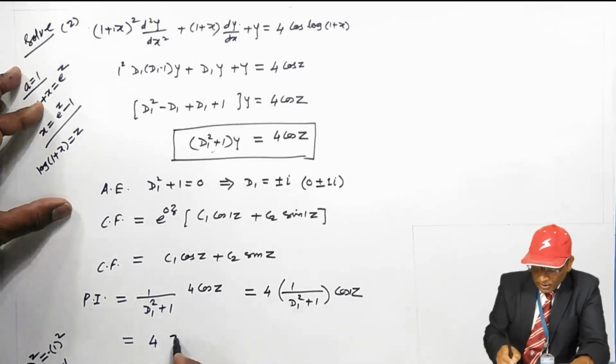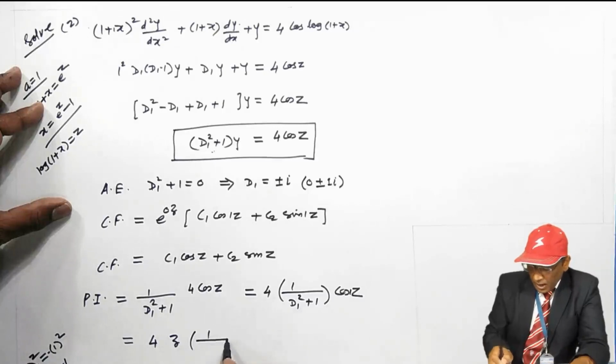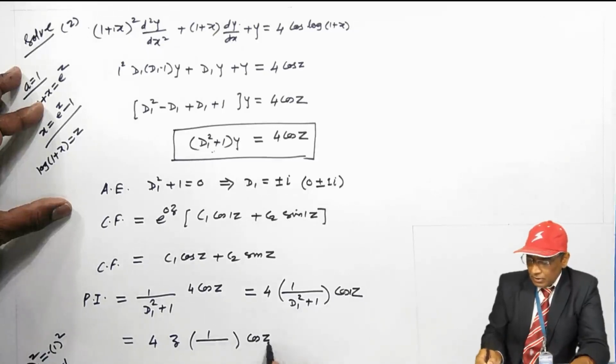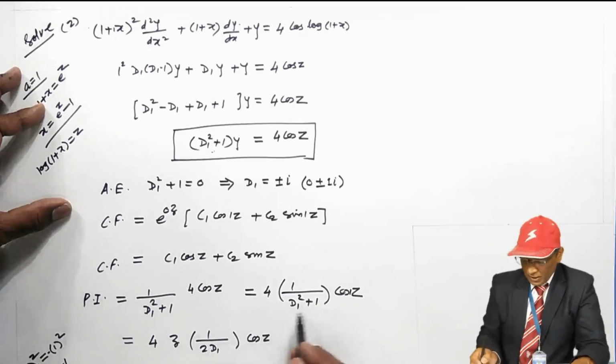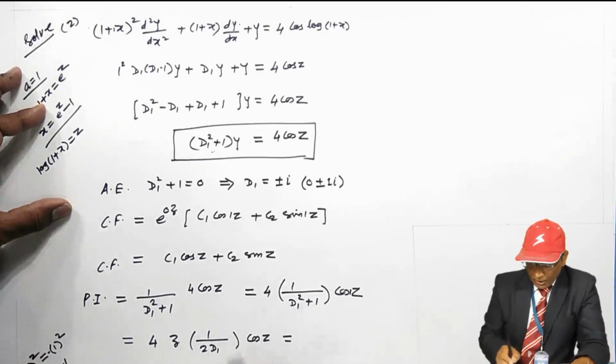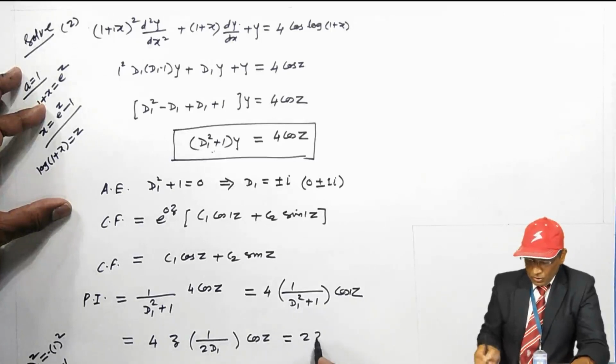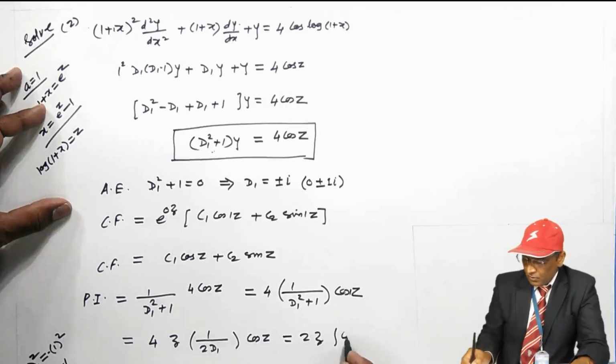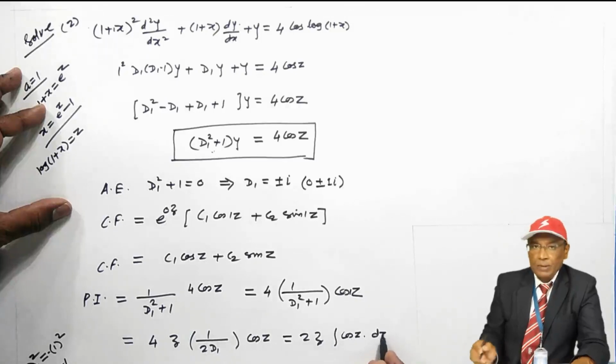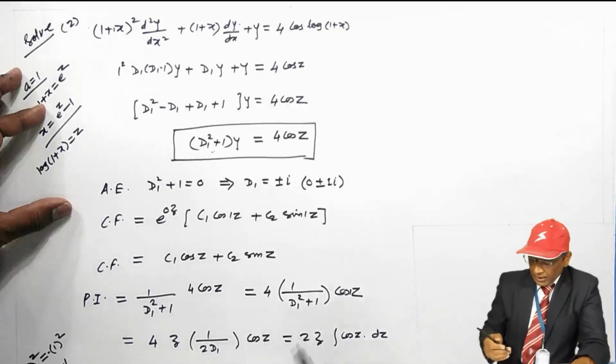Write down z outside of the operator and take the derivative of the denominator separately, it is 2D1 with respect to D1 derivative. Now 4 by 2 is 2, z is outside, and 1 by D1 is integration with respect to z. D1 is derivative, 1 by D1 is integration.